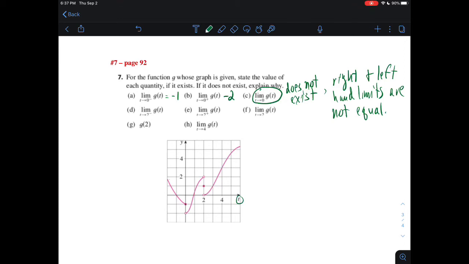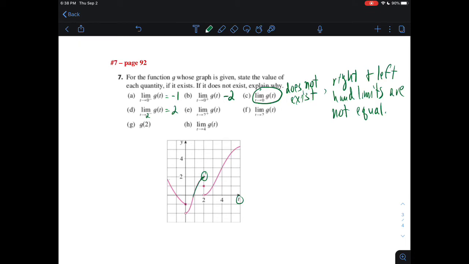Okay, let's look at part D. The limit of g of t as t approaches 2 from the left. So as t is approaching 2 from the left, we're looking at the graph that is to the left of t equal 2. We can see that it's approaching this value of 2 up there.